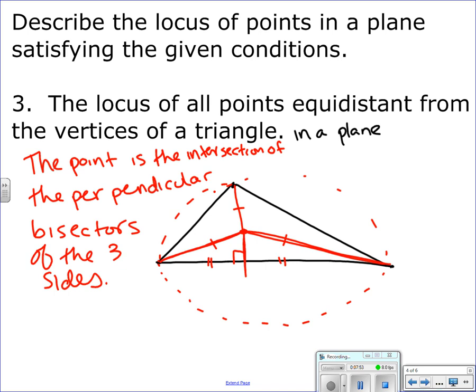Now, how do you get extra bonus points and make Mrs. Marnell very, very happy? You say that this point is called the circumcenter.